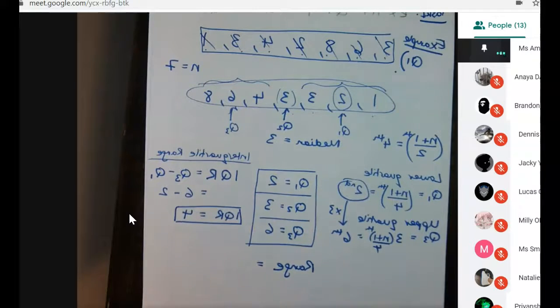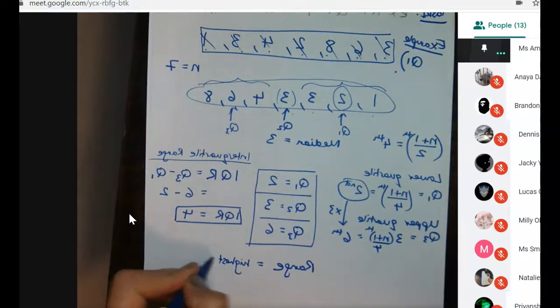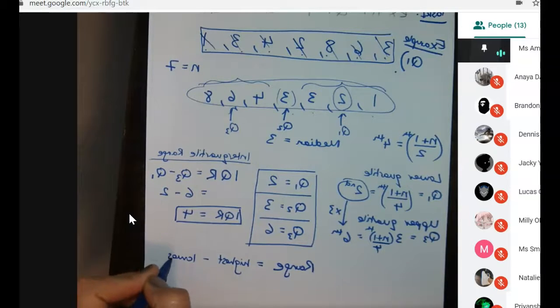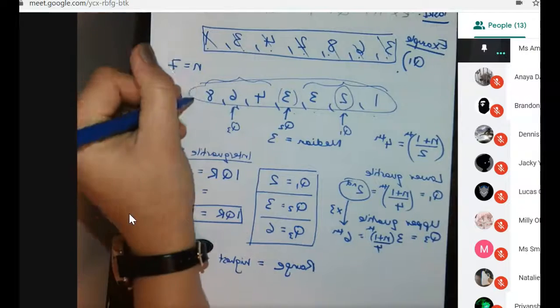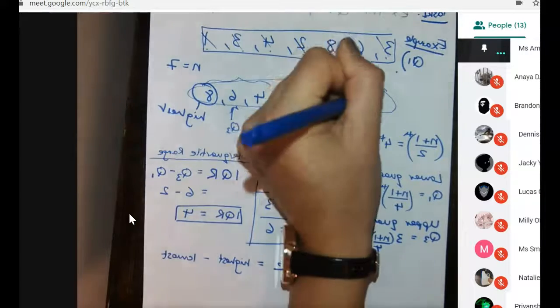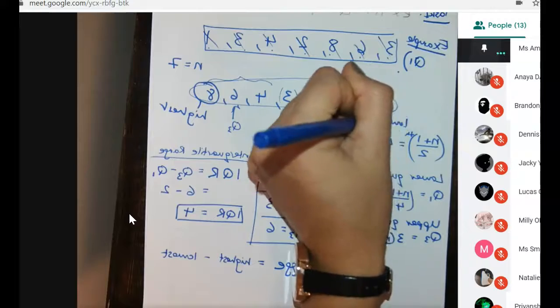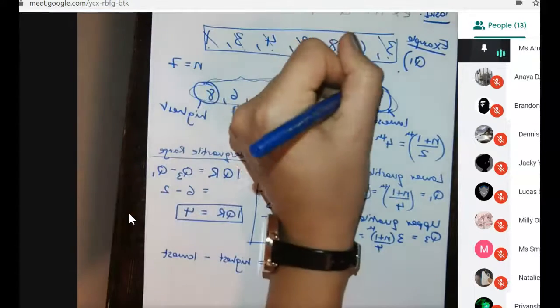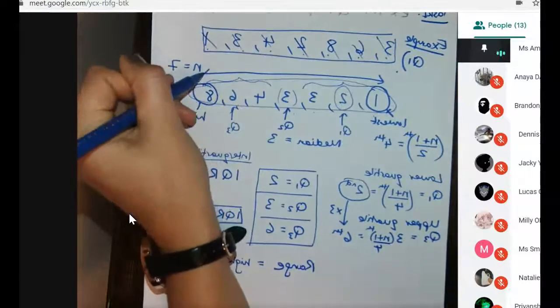Okay, biggest number minus smallest number. Perfect. So it's our highest value minus our lowest value. So we look back at our data. Here is our highest value. It's 8. And our lowest value is 1. And our range is kind of the difference between them.